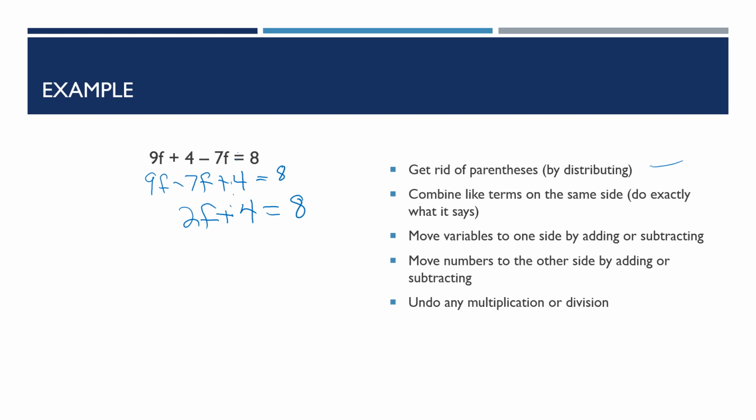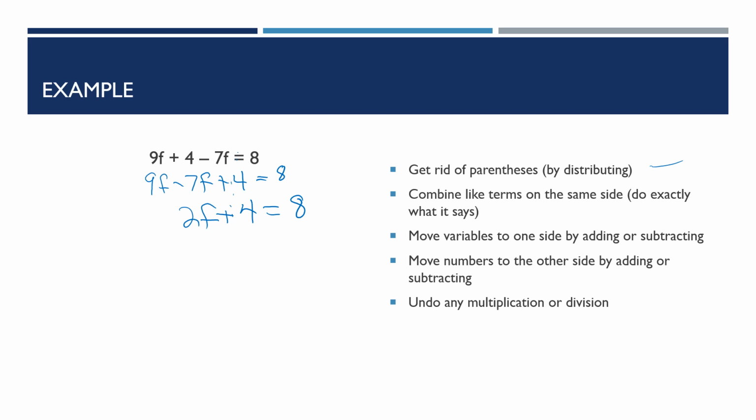Okay. Now that I've combined all my like terms that are on the same side, I'm going to move variables to one side by adding or subtracting. They are on one side, so I'm going to skip that step. And now I'm going to move numbers to the other side by adding or subtracting.